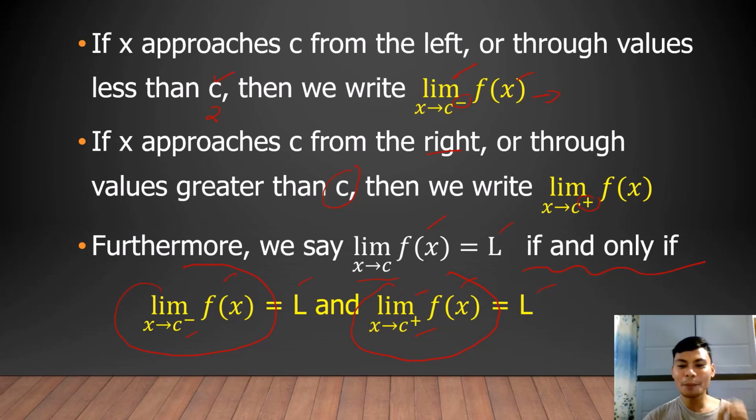So sa example kanina, ang limit from the left is 7, ang from the right ay 7, then the limit is 7.